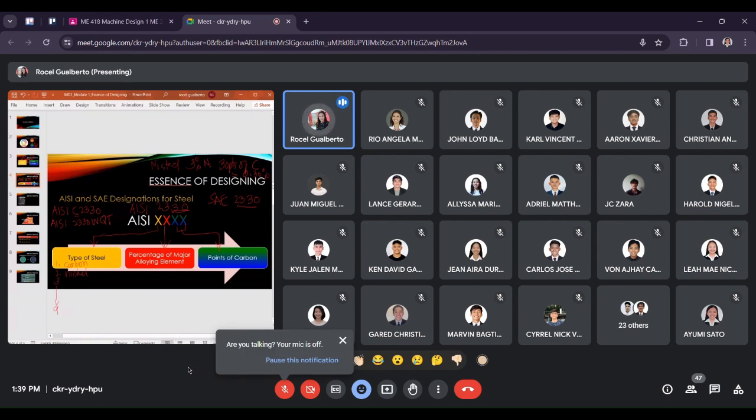SAE no longer includes those processes or conditions. It only defines the 4-digit code to determine the composition. But AISI is cleaner, and it also considers the conditions or processes that our material underwent.